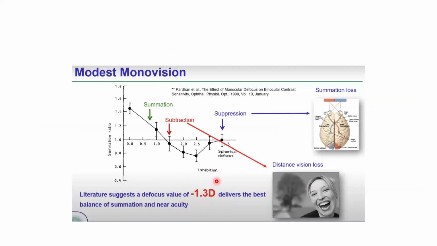If the anisometropia goes beyond 1.3 to 1.5 diopters, that is, if the monovision is vastly different, say a 2 diopter difference between the two eyes, the patient is first going to have subtraction of the images, and later on the patient is going to develop suppression at the neural level.